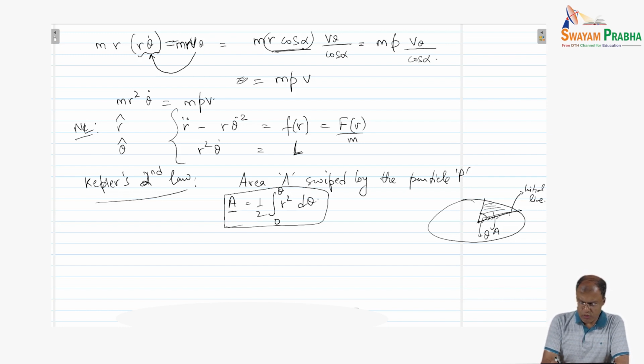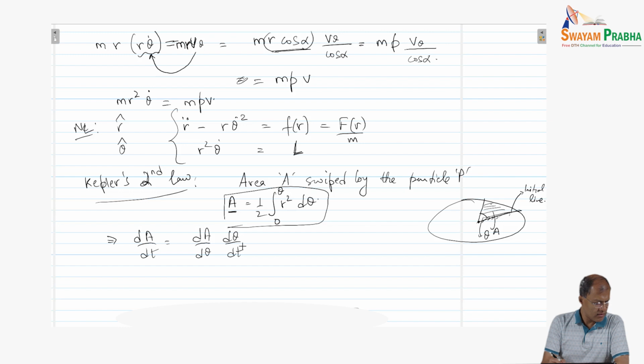Now let us try to differentiate this area with respect to time and see what happens. dA dt is half the integral from 0 to theta. Let me do a little bit of processing before writing down the final form. dA dt is dA d theta times d theta dt, right?